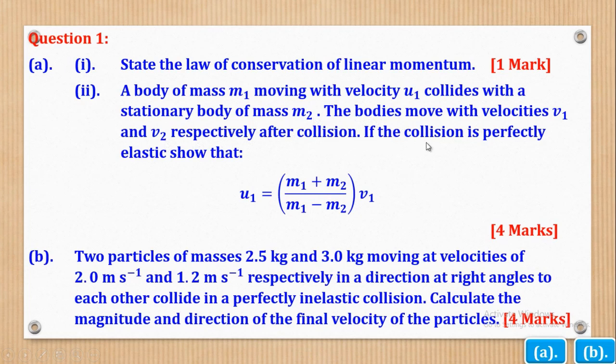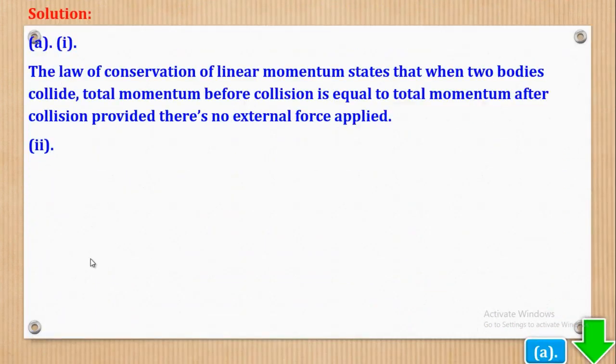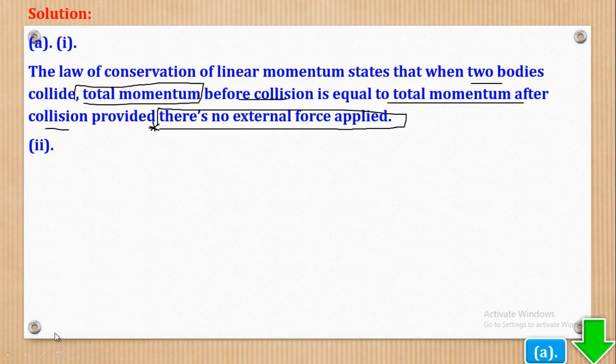If the collision is perfectly elastic, you know that word, perfectly elastic, show that u1 is equal to (m1 plus m2) over (m1 minus m2), everything multiplied by v1. Perfectly elastic means both momentum and kinetic energy are conserved.